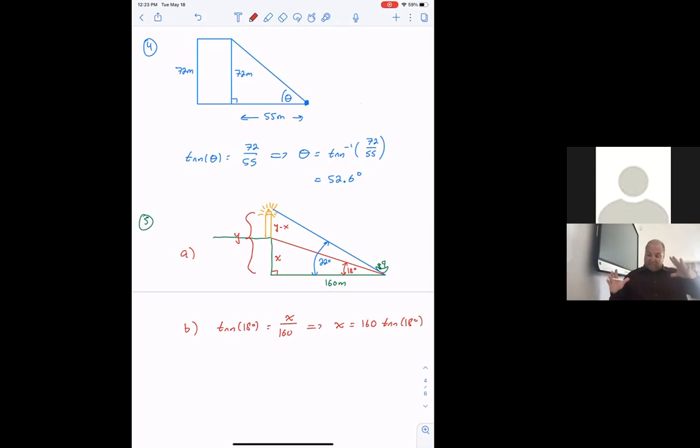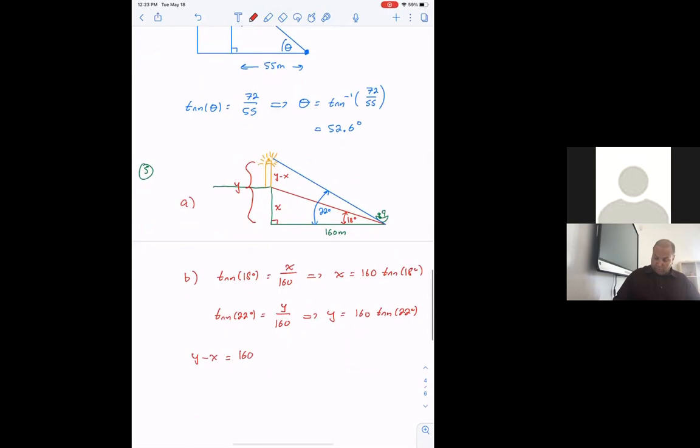By exactly the same logic, we have tangent of 22 degrees equals Y over 160. So Y equals 160 tangent of 22 degrees. So what is Y minus X, what we're looking for? It's 160, which I can factor out, and then I get tangent of 22 degrees minus tangent of 18 degrees.